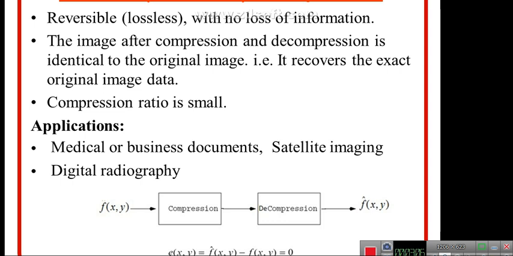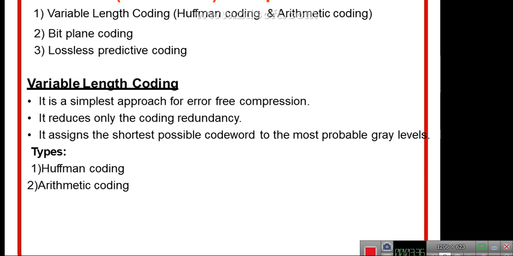It recovers the exact original image data, so the compression ratio is small. Lossless compression is used in medical and business documents, satellite imaging and digital radiography. These are the major applications of lossless compression techniques.